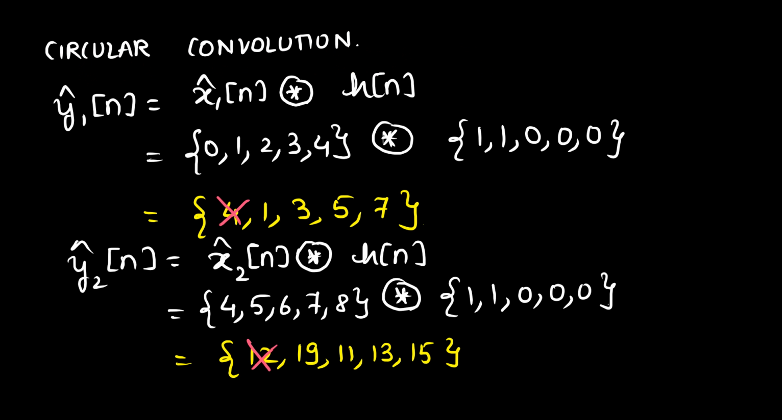y of n is equal to 1 3 5 7 9 11 13 and 15. So this is the value that we obtain here.